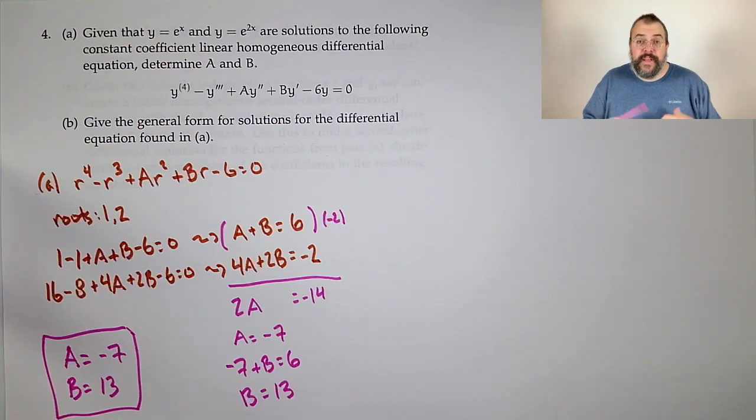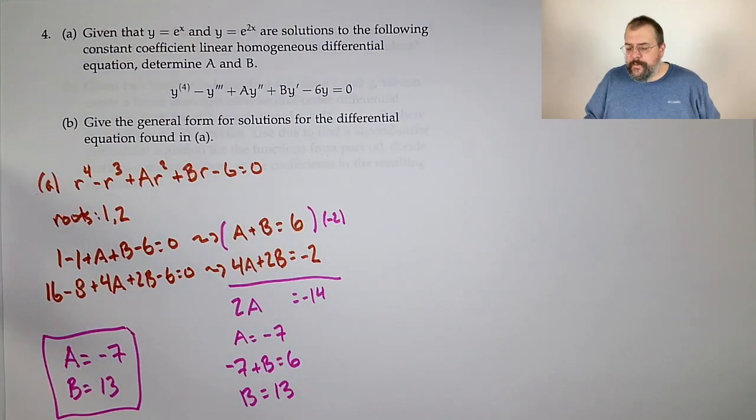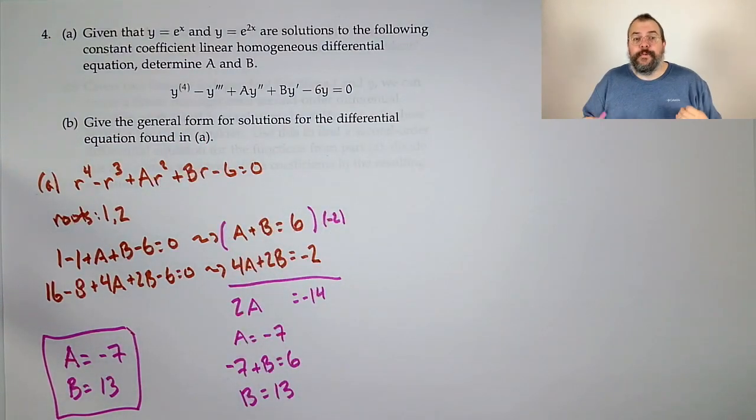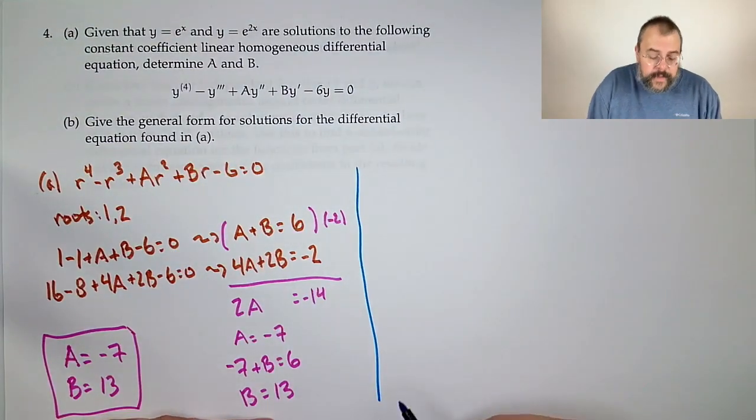Now, part B says, look, what's the general form? Okay, now what's the problem? Well, we know 2 of our solutions, but there should be 4 total because it's a 4th order, which means we need to find the rest of the roots. So how do we do that? Well, we know a couple of things.